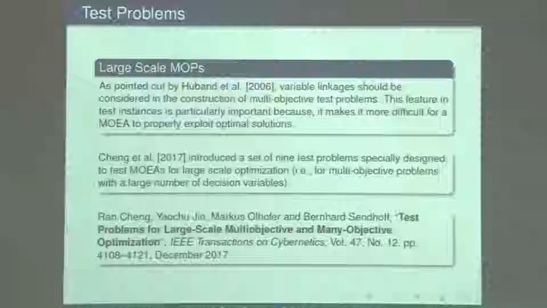Why is this important? Because today people are already designing test problems for large scale. What do we mean by large scale? Any multi-objective problem with 100 decision variables or more is considered large scale. Less than 100 is big, but not big enough. It's not large scale.